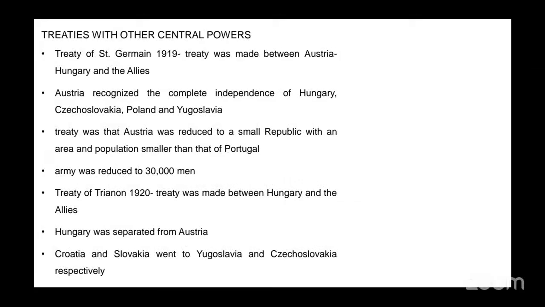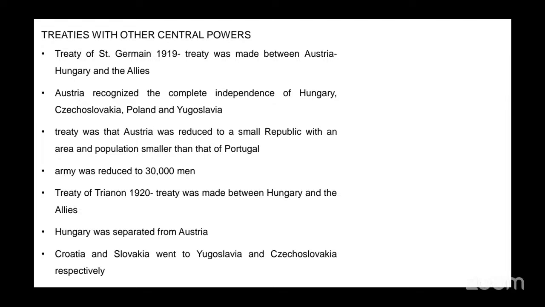Now, treaties with other central powers. The Treaty of Versailles is with Germany. Similarly, there are other treaties which happened with the other countries. The second of these is the Treaty of Saint Germain, 1919. This was made between Austria, Hungary, and the Allies. In this, Austria had to be completely independent of Hungary, Czechoslovakia, Poland, and Yugoslavia.